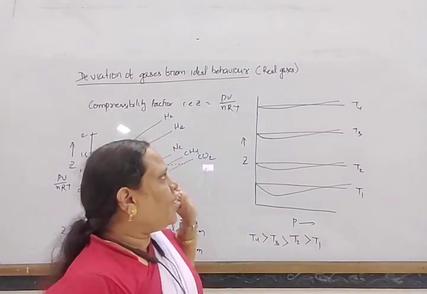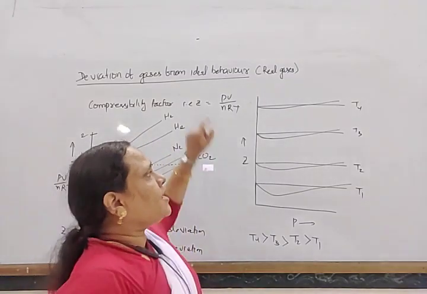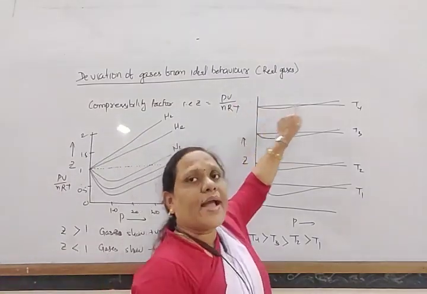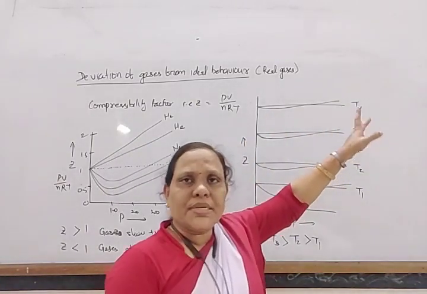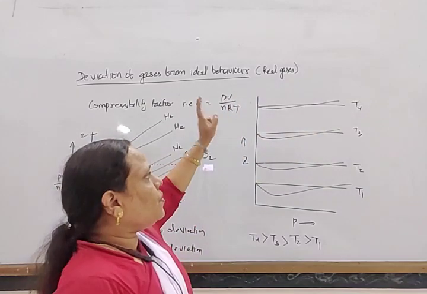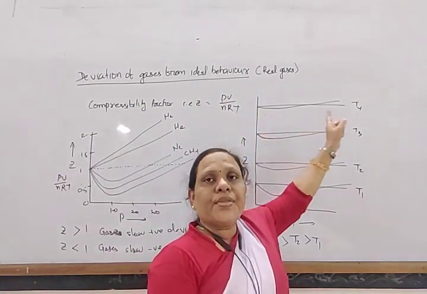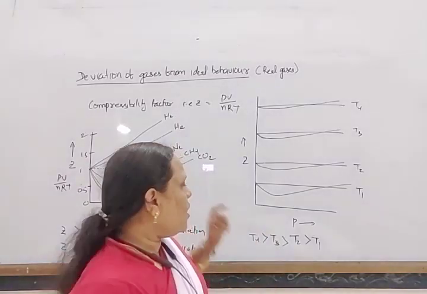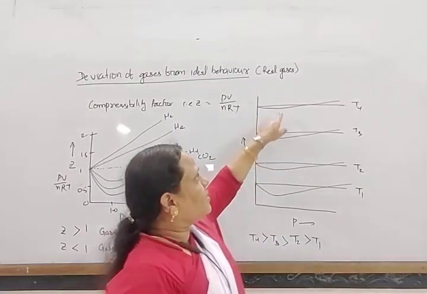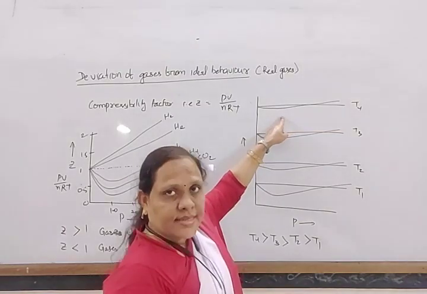At a certain temperature, gases show ideal behavior over a range of pressure. Whatever pressure you apply, low or high, the gases show ideal behavior. That temperature is called Boyle temperature. Look here, as the temperature increases, the dip of the curve decreases.